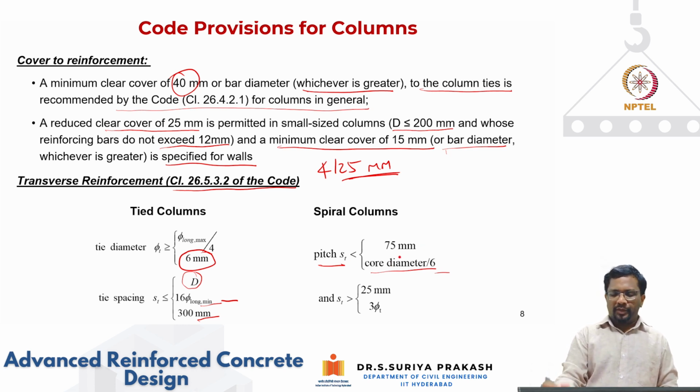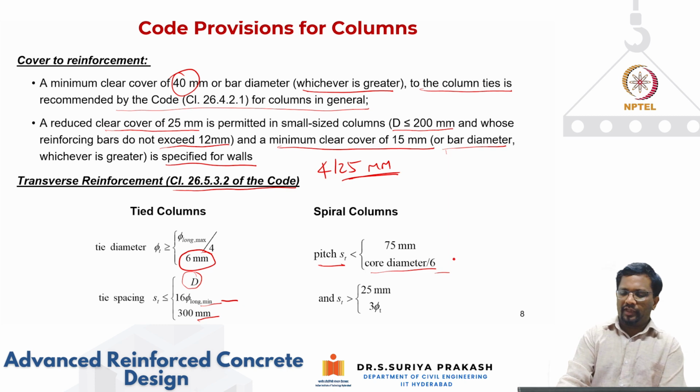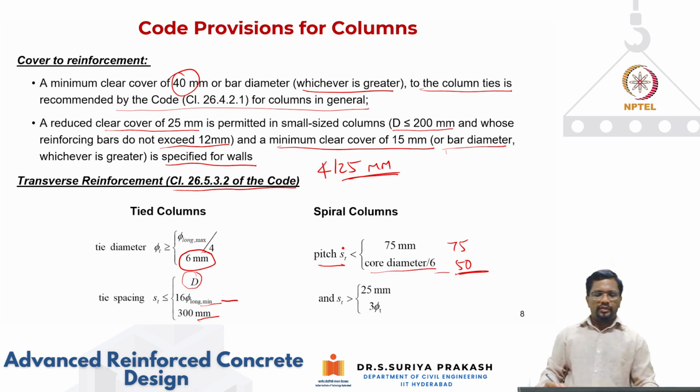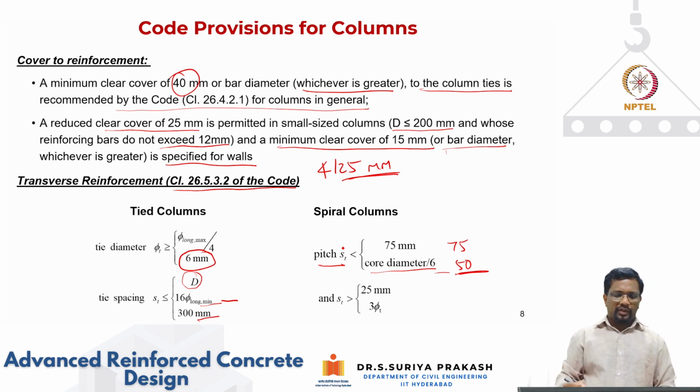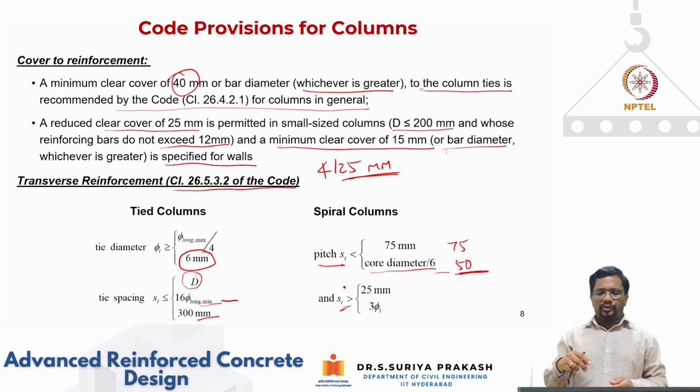So if you have a core diameter of 300 mm, then you have 300 by 6, which is going to be 50 mm. In this case 75, so you have to take the least, which is 50 mm. So pitch has to be provided with this kind of spacing. And this is also a minimum: if the spacing between the spiral bars is too small, then aggregate cannot go through.